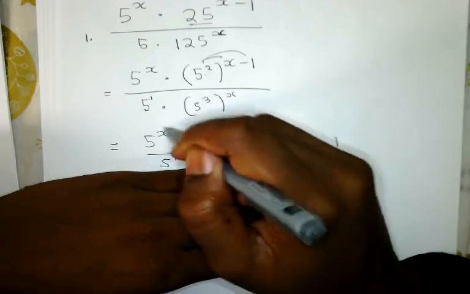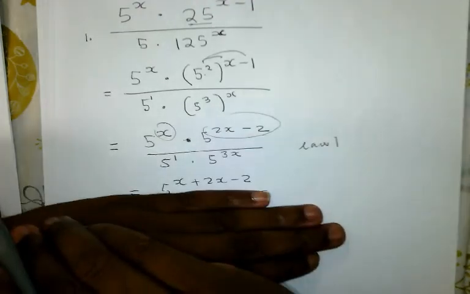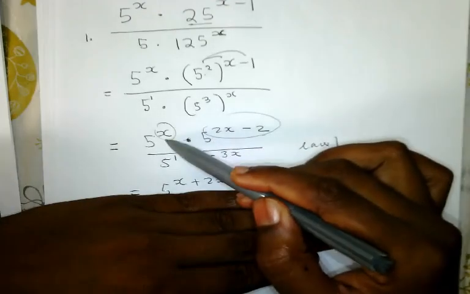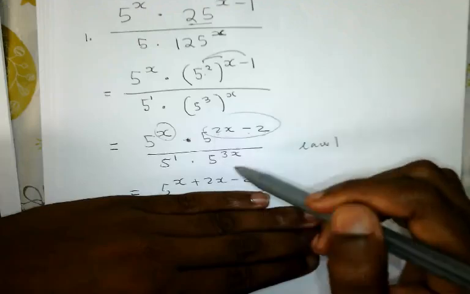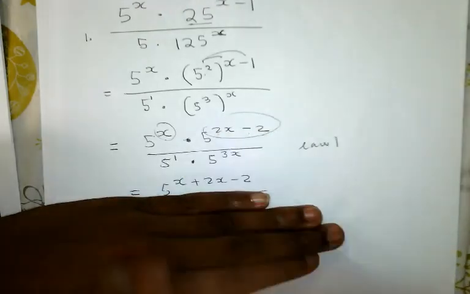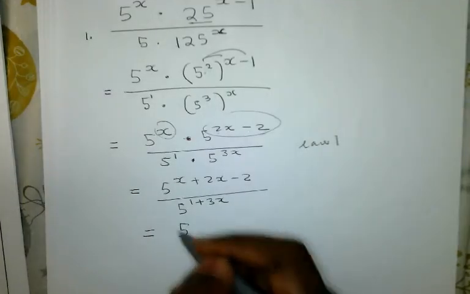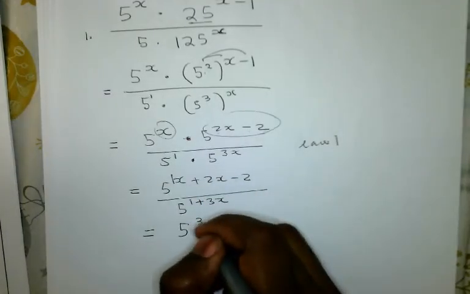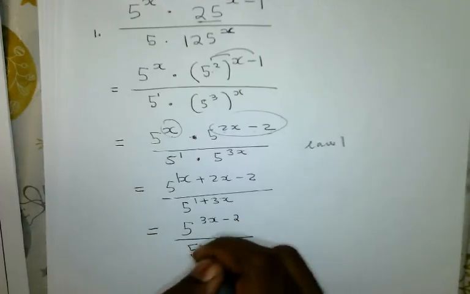And at the bottom, the bases happen to be the same also. I'm just adding the 2. So let's add the like terms. 1x plus 2x becomes 3x minus 2 over 5. I can just swap it and say x plus 1. 1 plus x and x plus 1 is the same thing.